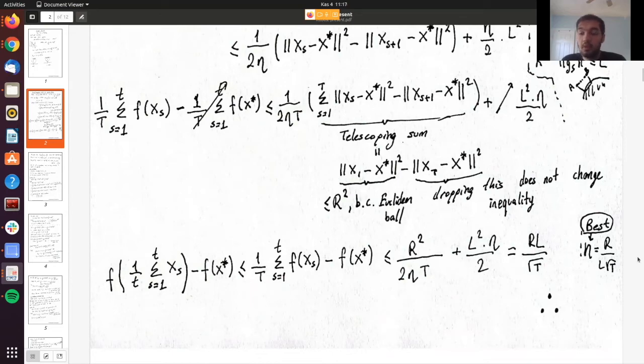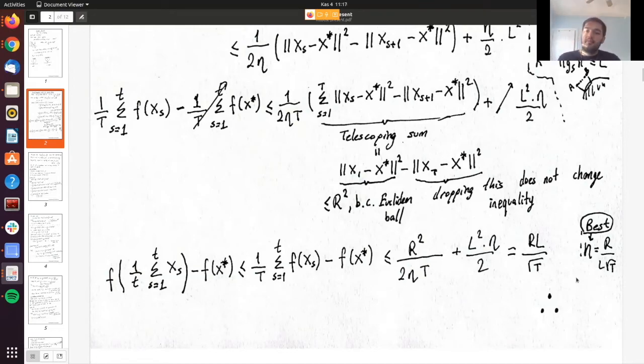In the book it says we should take eta as R over L square root of t, but even if we don't assume that, we can take the derivative of this thing with respect to eta and find the critical point, and that will be equal to this.